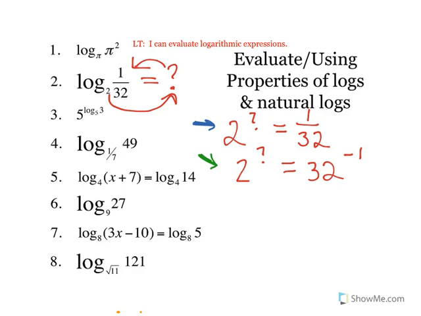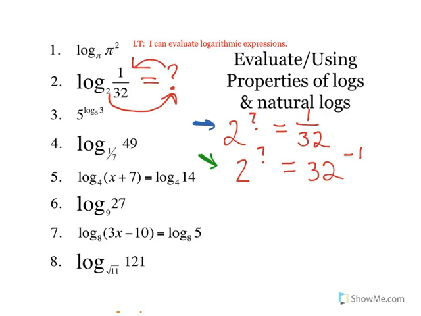This step is just number sense. It's just, how can I rewrite 32 to help me understand 2? Or better yet, think of it this way. I'm trying to figure out 2 to what power equals 32, specifically equals 32 to the negative 1 power.